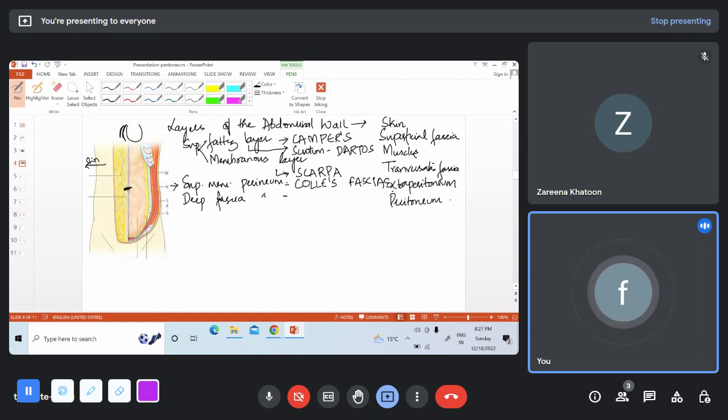It is called as Gallaudet's fascia. Gallaudet. Okay, Gallaudet fascia. All right. Now, similarly, deep fascia of thigh is known as fascia lata, and deep fascia of penis is called as Buck's fascia.